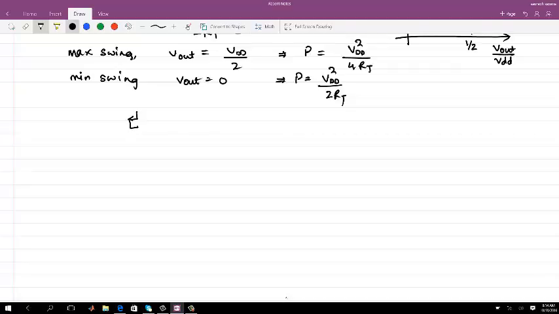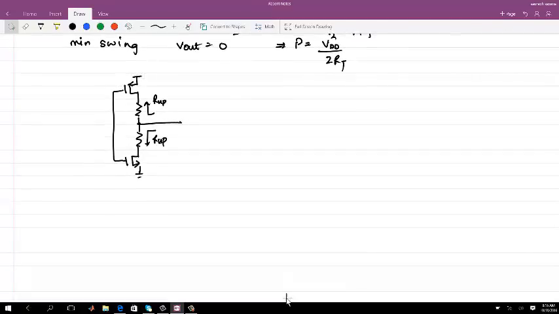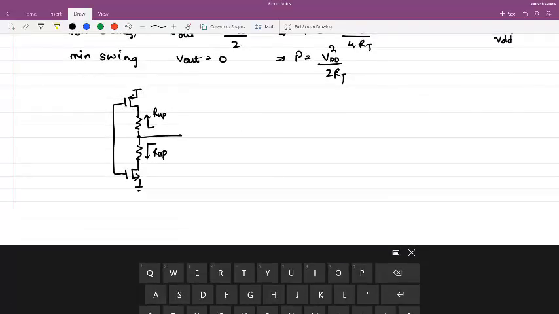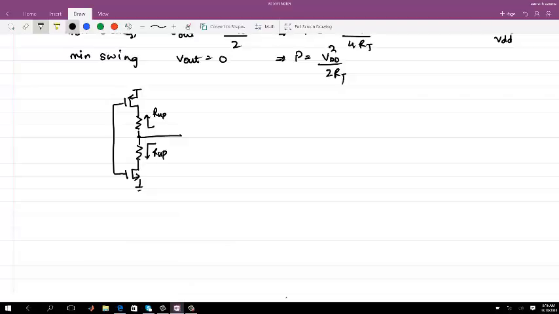Okay, and if you want to look at the exact implementation, let's say here the looking-in impedance is R up when it is on, R up in both the cases.